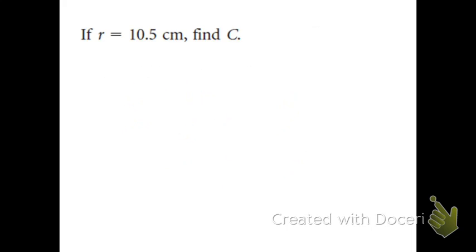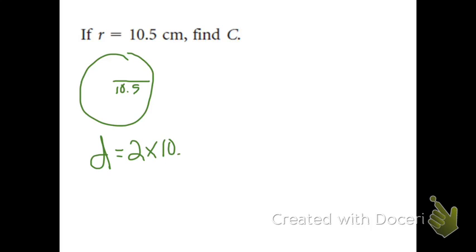Start off with a straightforward problem where you're given a radius and asked to find the circumference. Knowing that we have a circle with radius 10.5, that would mean that the diameter would have to be double that, 2 times 10.5, which is 21. Now, oftentimes, whoever's assessing you will ask you to find the circumference in terms of pi, which means it's less work.